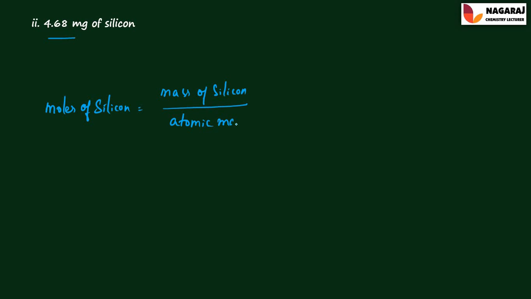So mass of silicon is 4.68, and it is in milligrams, so convert it into grams, that is into 10 to the power minus 3 grams, divided by the atomic mass of silicon, 28.1 grams per mole.